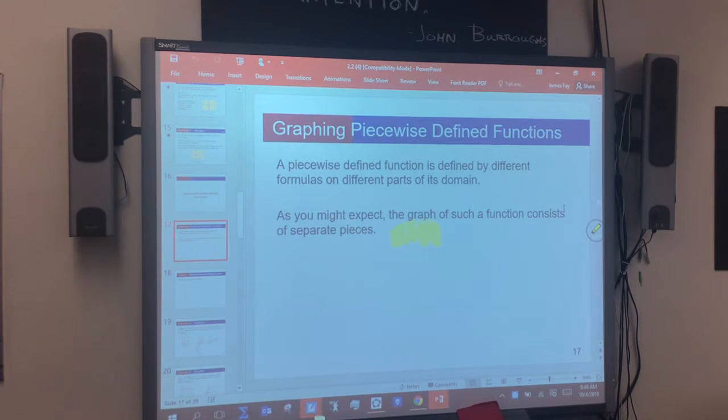We'll do that in those 3 domains and then see what our overall graph looks like. There are a lot of things in real life that we can model with piecewise functions. We'll talk about some tomorrow specifically, some modeling of piecewise functions.